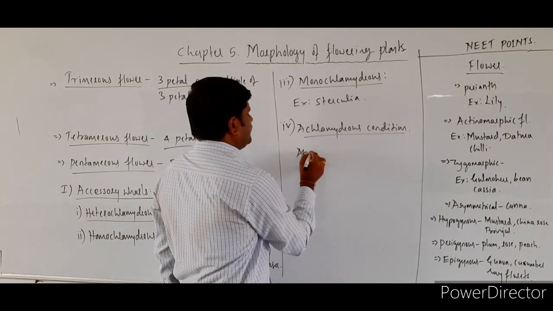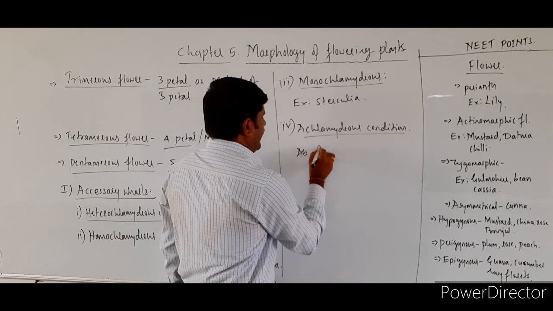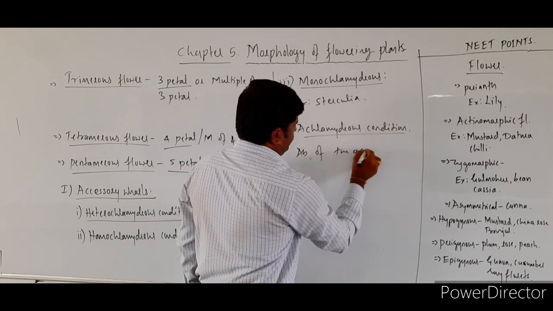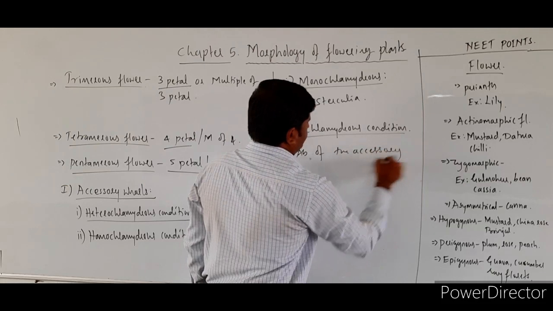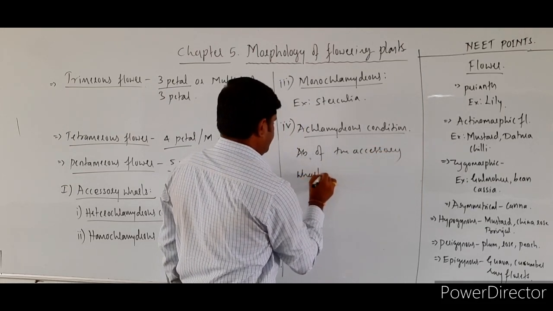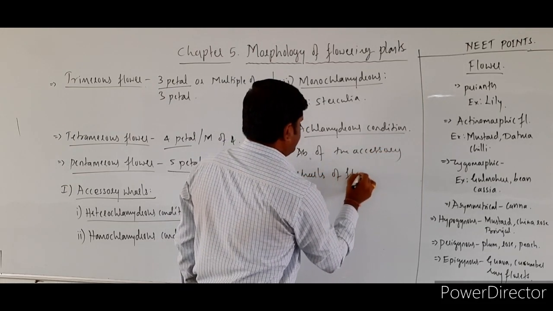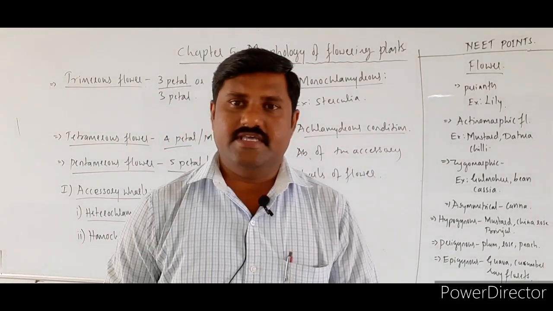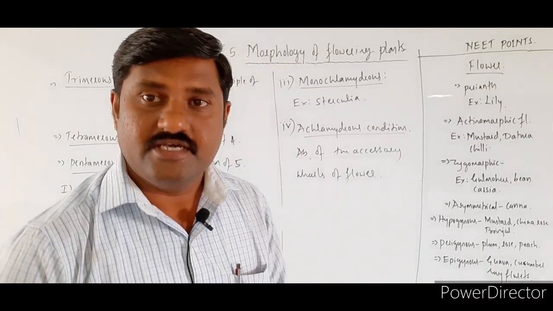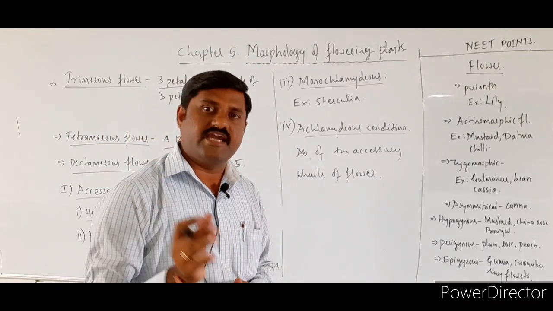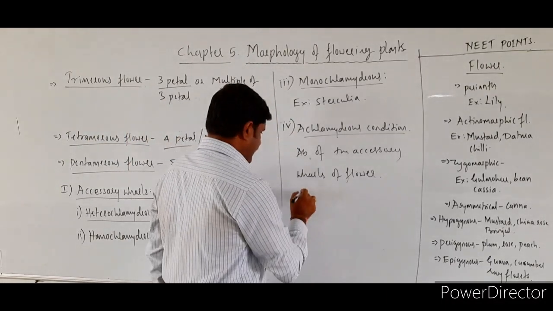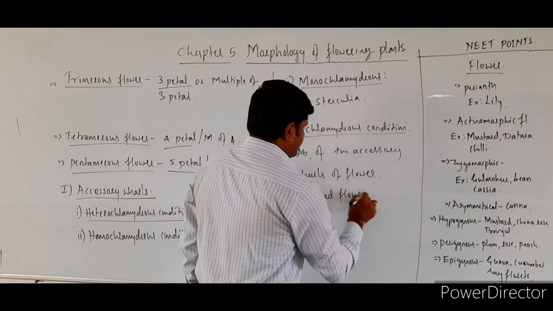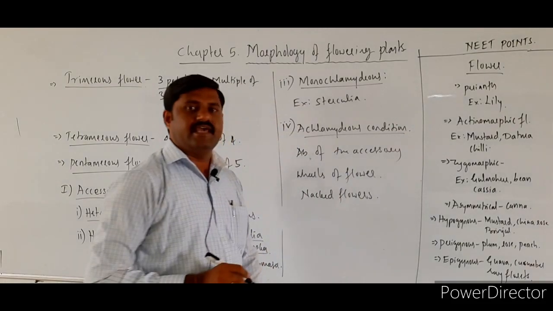Here, absence of the accessory whorls of the flower. So if accessory whorls are totally absent, that kind of flower is said to be a naked flower. So they are also called naked flowers.